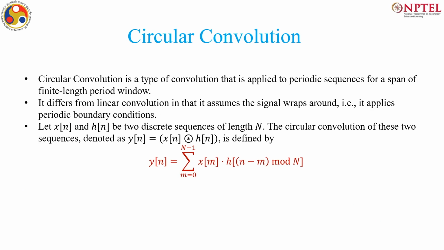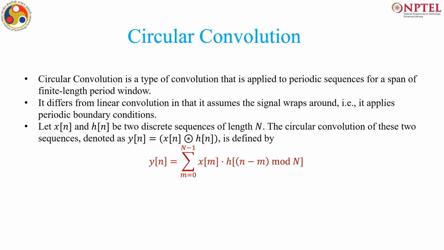So, what is this circular convolution? Why so much hype about this? This is a type of convolution which is applied to periodic sequences, as I said, like a circle which is rotating. There are some conditions. Say you want to convolve x of n and h of n.